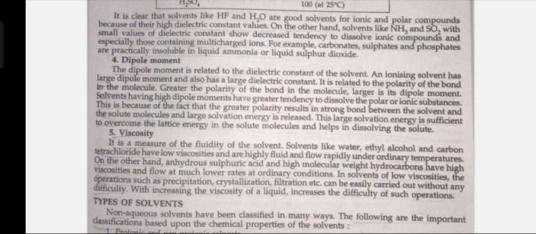On the other hand, anhydrous sulfuric acid and high molecular weight hydrocarbons have high viscosities and flow at much lower rates at ordinary conditions. In solvents of low viscosity, operations such as precipitation, crystallization, and filtration can be carried out without any difficulty. With the increase in viscosity of a liquid, the difficulty of such operations increases.